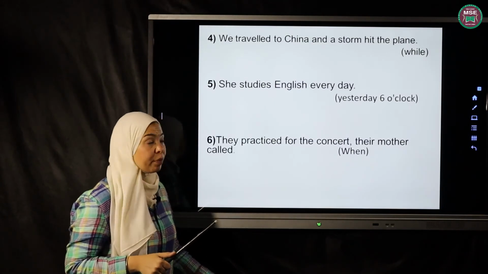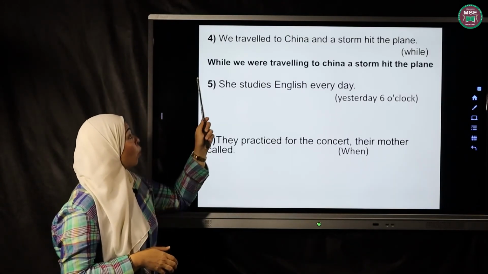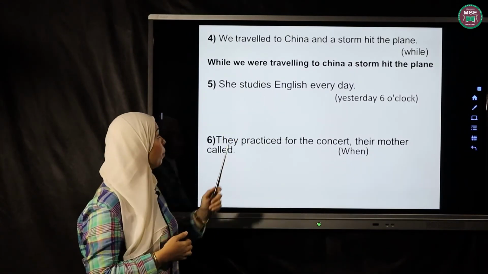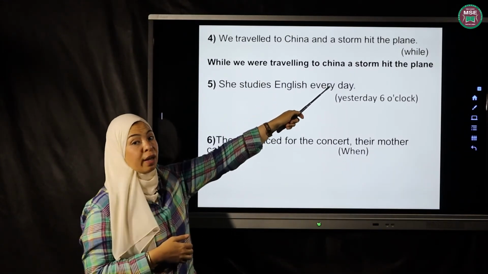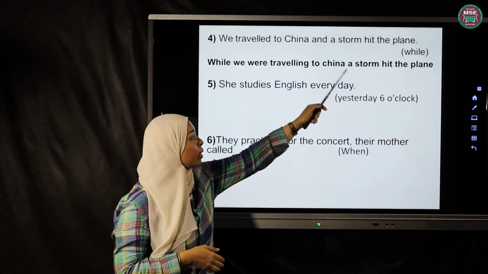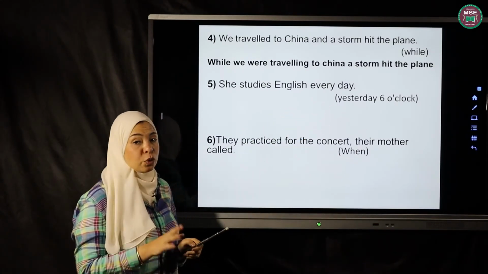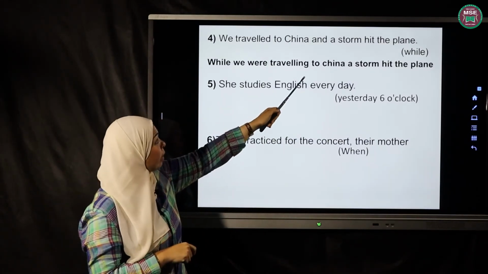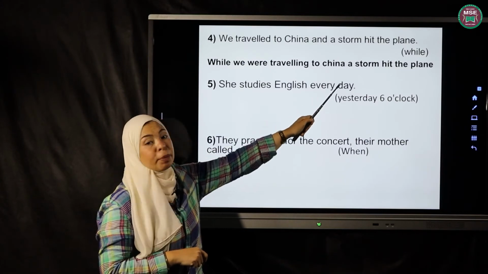Okay, let's see. While we were traveling, this is the long action verb. While we were traveling to China, what happened? A storm hit the plane. This is the short one. Hit. We don't change the verb, like put. So while we were traveling to China, a storm hit the plane.